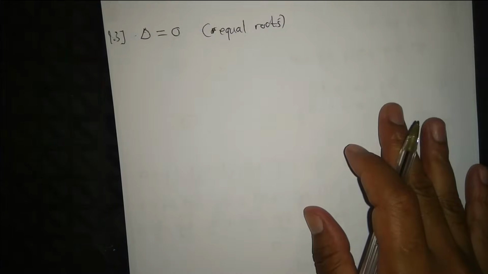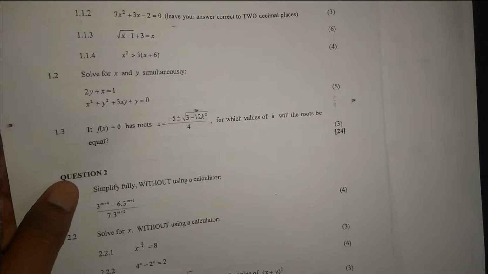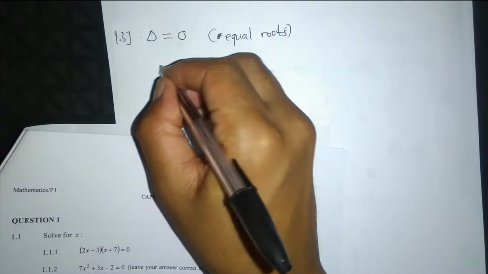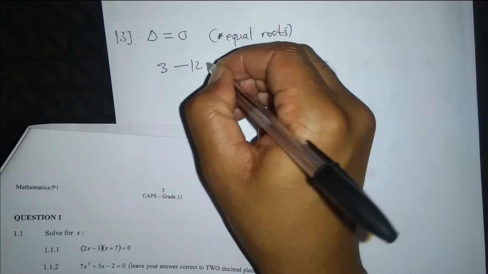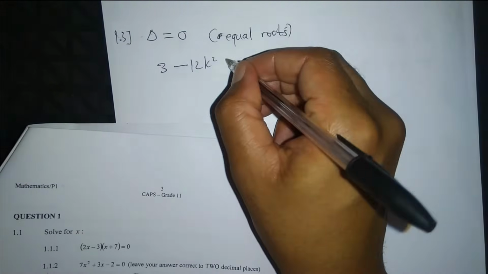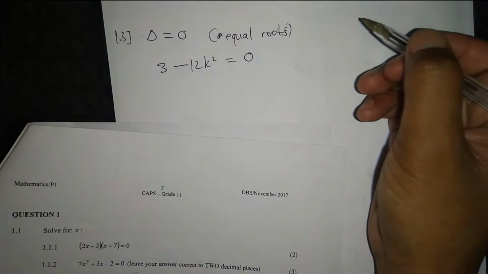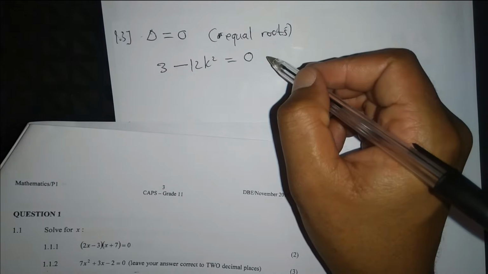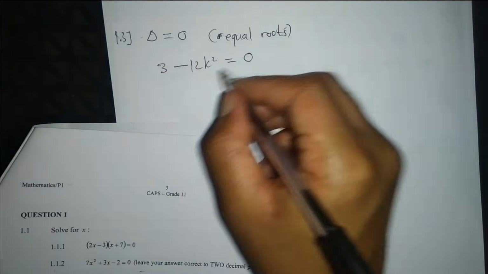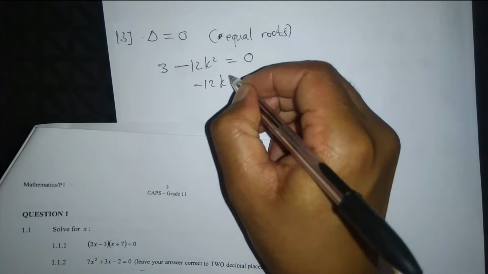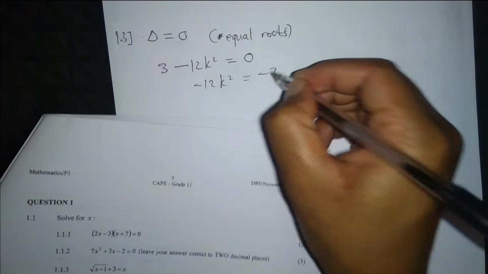This is question 1.3. Here we get equal roots. The discriminant is under the square root for this question. So it's 3 minus 12k squared is equal to 0. We need to calculate the value of k. So 3 to the other side, it's negative 3.